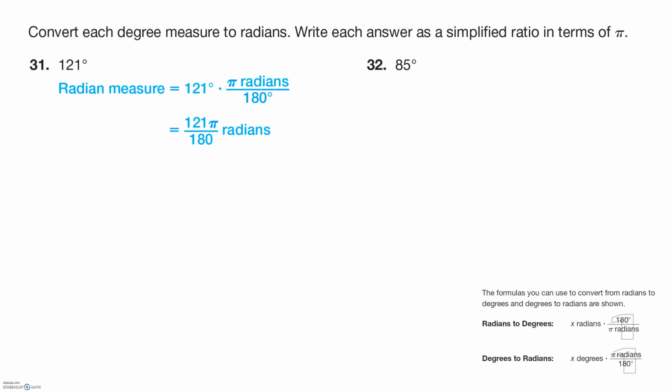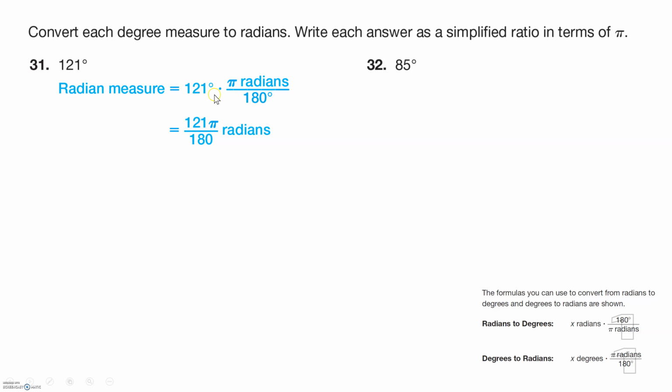So in this case, 121 degrees times pi radians over 180 degrees. And the degrees will cancel out, and you will simply have to simplify the 121 over the 180.